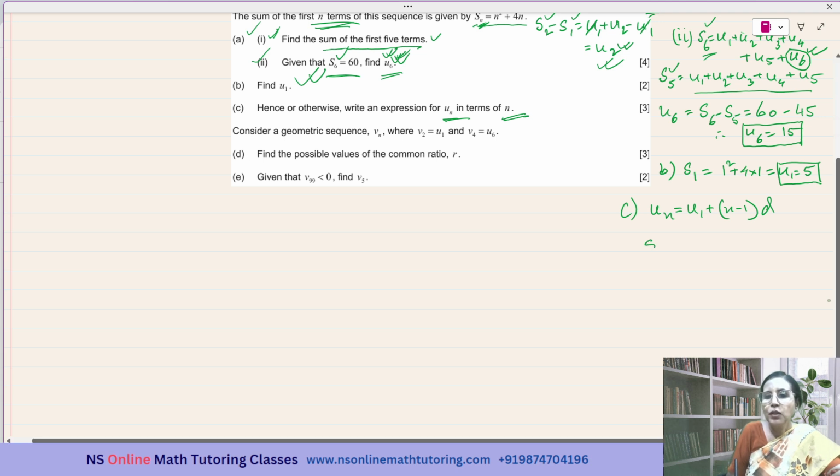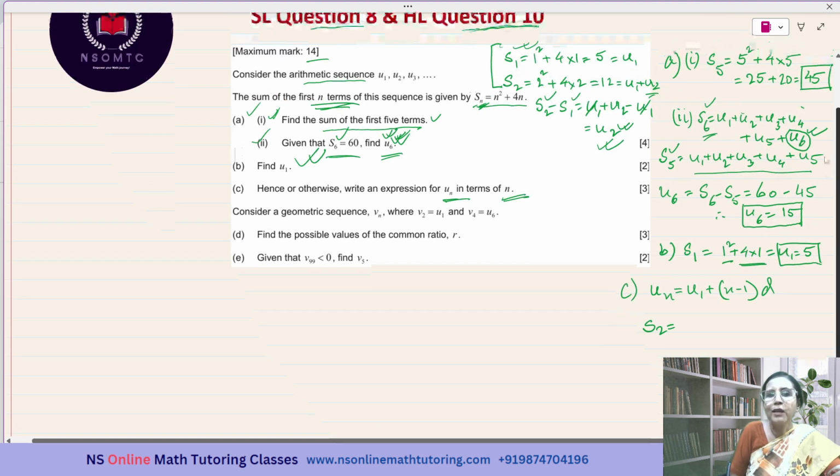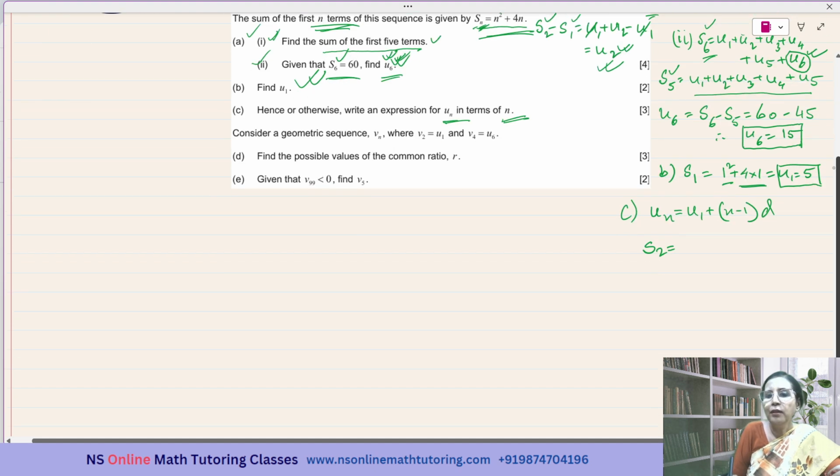I have actually found the value of U2 earlier, but let me find it once more. Sn is n squared plus 4 times n, and n is 2 for S2. So it is 2 squared plus 4 times 2, 4 plus 8 is 12, and U2 is equal to S2 minus S1, which is 12 minus 5, equal to 7.